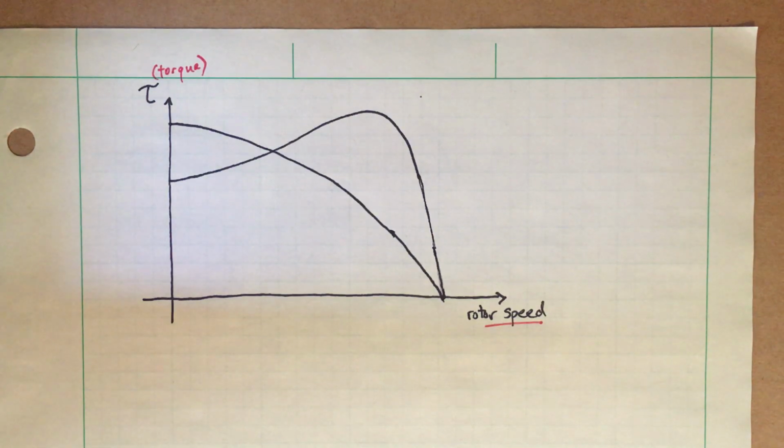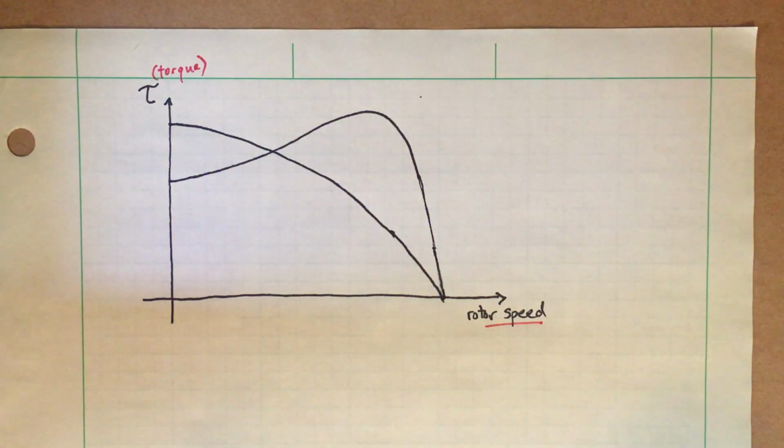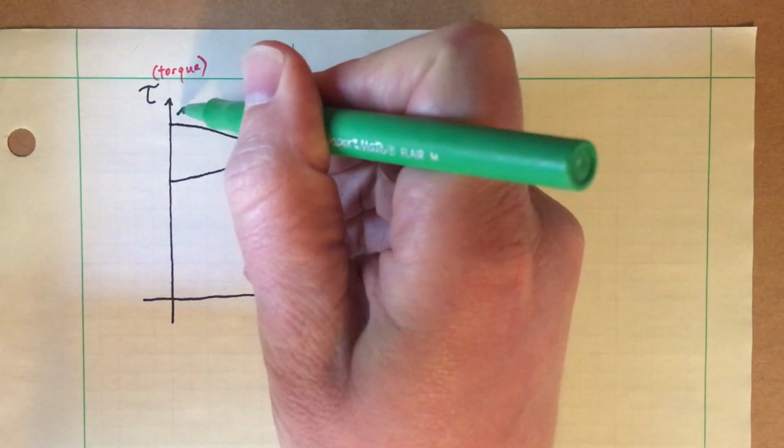And the two curves that you're seeing on this set of axes are for two different induction motors. They're both induction motors, two different designs meant for different things. This one here, we'll call curve number 1.